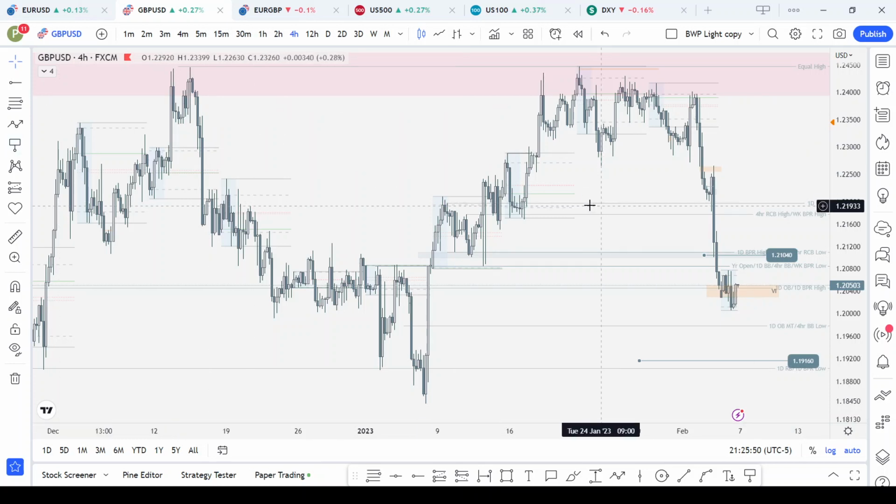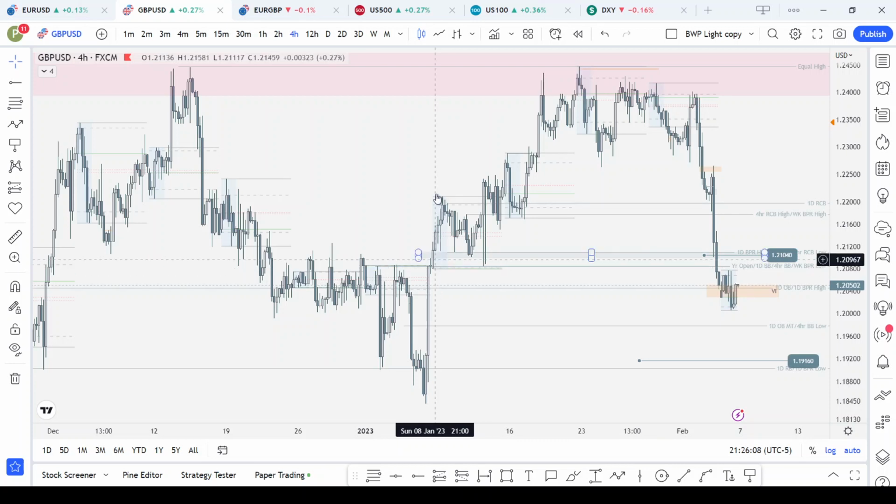Okay, I hope that is clear. The range that you are working with for the daily TR candle is Sunday 5 p.m. New York time to Monday 4:59 p.m. New York time.